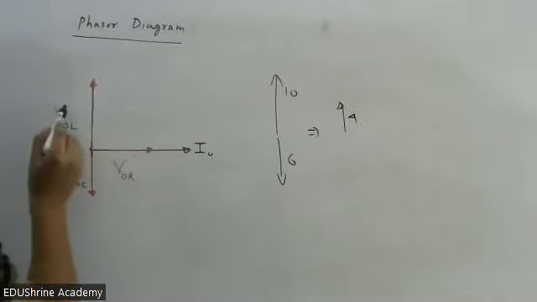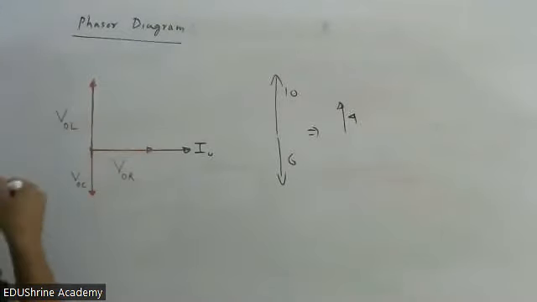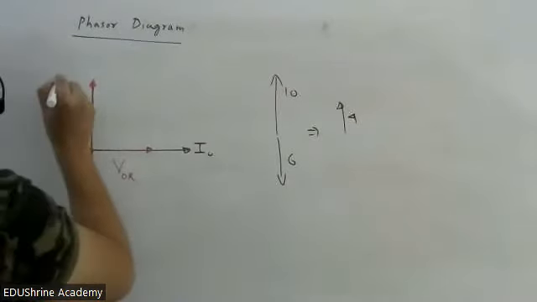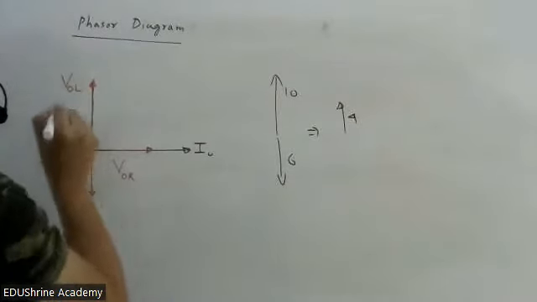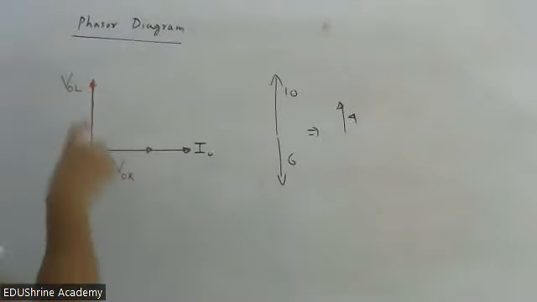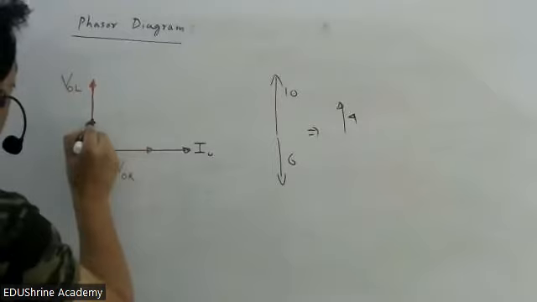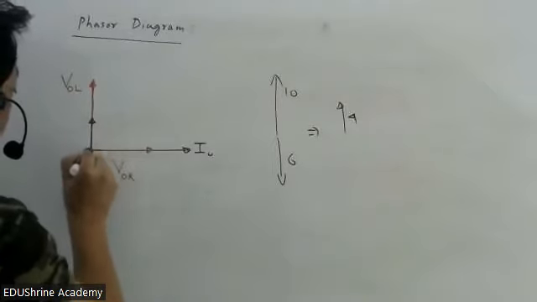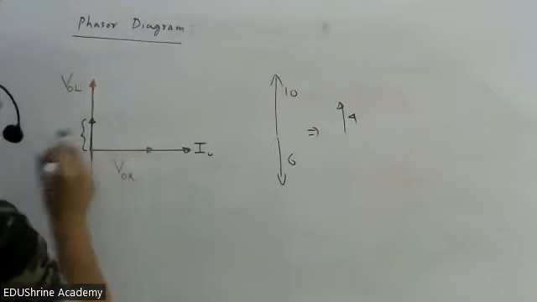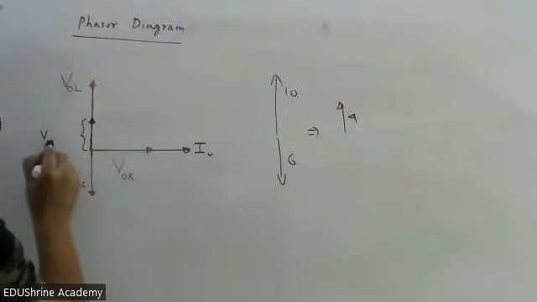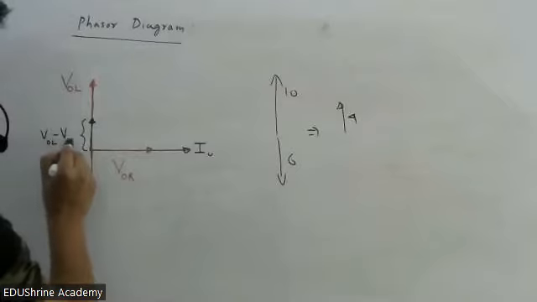So first I will add this voltage and this voltage. I will get somewhere about this much. So this is your V naught L minus V naught C.